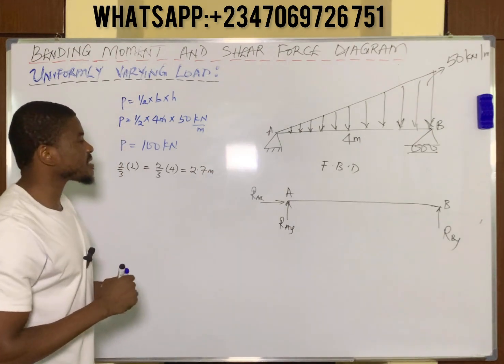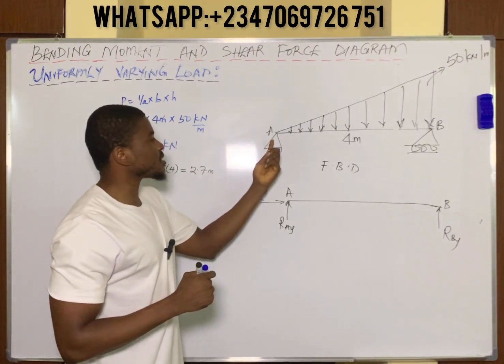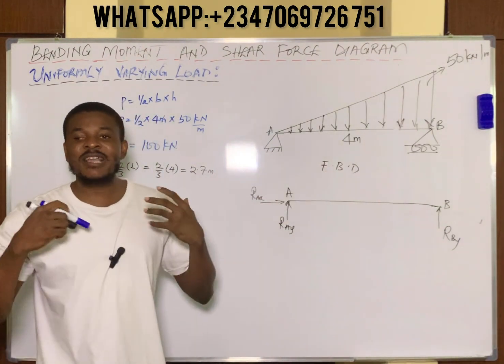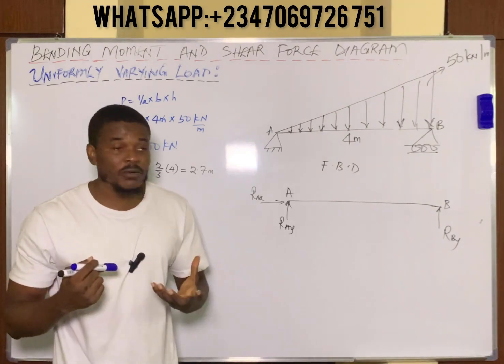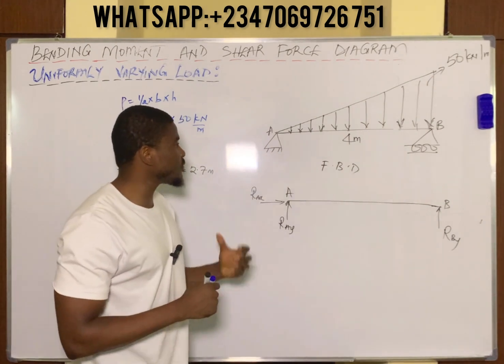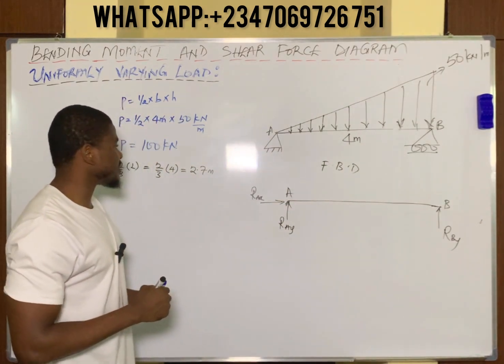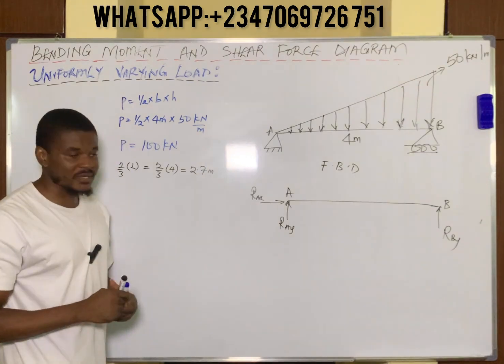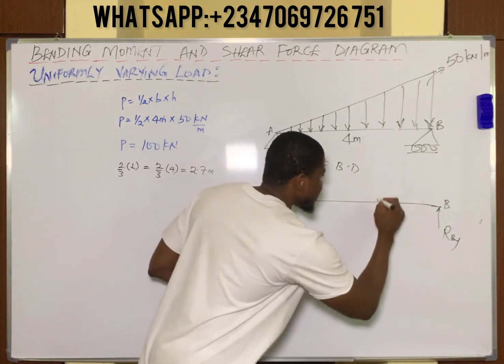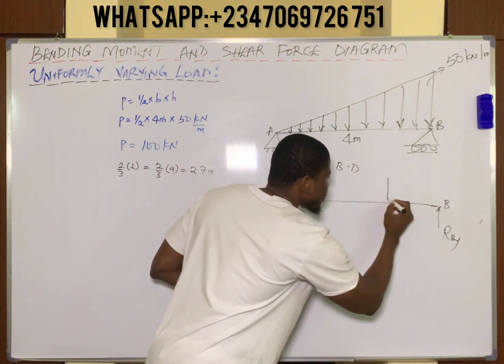So this simply means that if you measure from point A, you simply measure 2.7 out of 4 meters. Whatever is left simply becomes 1/3 of the length from the base of the UVL. So if you measure out 2.7 from 4 meters, you're left with 1.3 meters. So that means this load can be found somewhere around here.